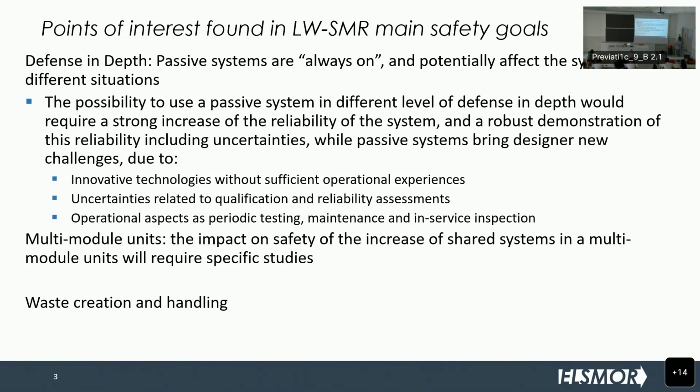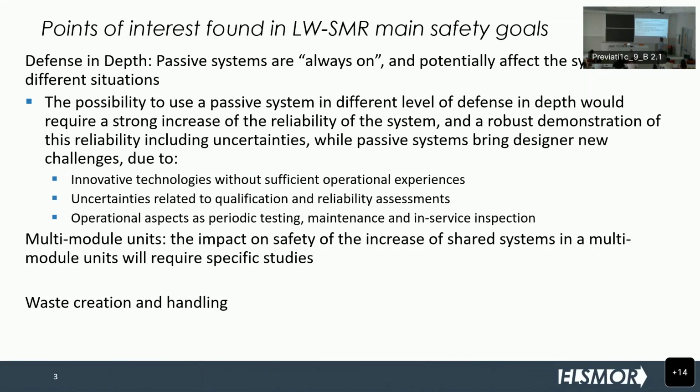There's also the issue that many designs have multiple reactors that are brought in as modules. So what is the effect of this on many different topics? And yesterday there were quite many questions on nuclear waste handling of SMRs and some discussion.